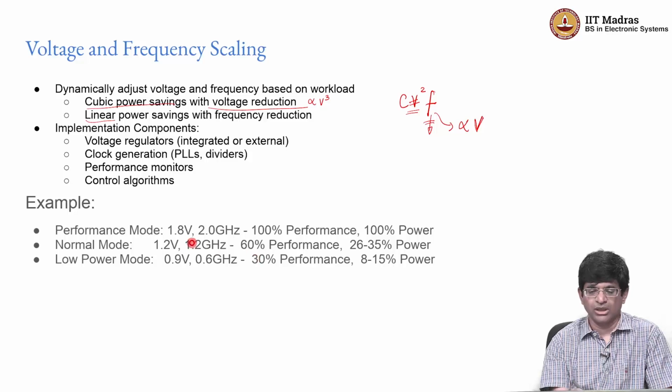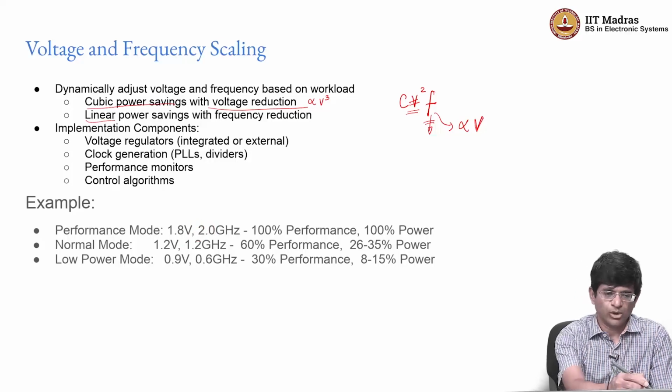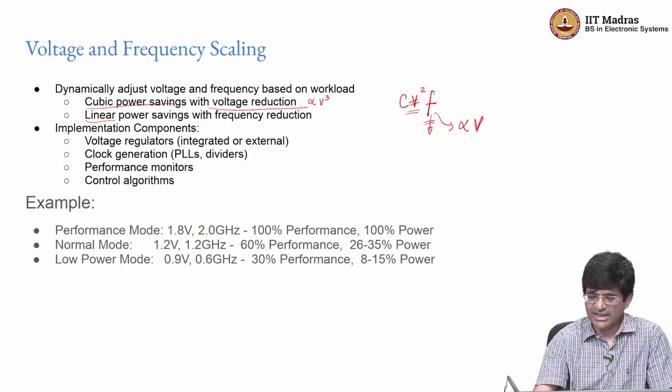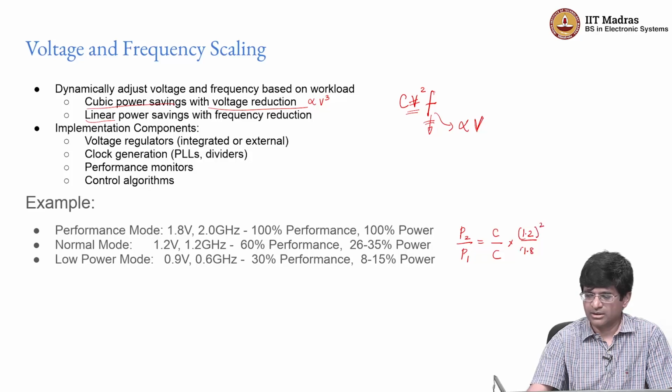What about the power consumption though? I managed to bring the voltage down from 1.8 to 1.2 and the frequency down to 1.2 gigahertz. So my power relative to the original is: the capacitance remains the same in both cases, what I have in the new case is 1.2 divided by 1.8, squared, and the frequency is 1.2 gigahertz divided by 2 gigahertz, which works out to 4 by 9 into 0.6, which is approximately 26%.